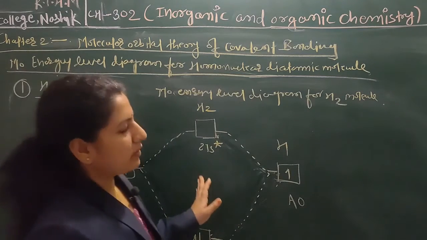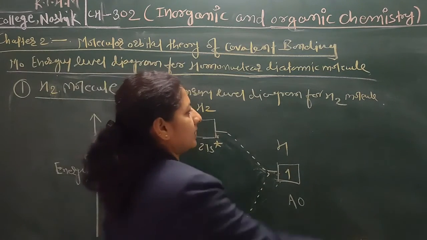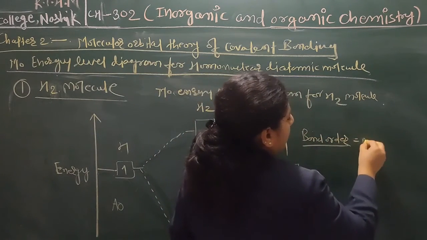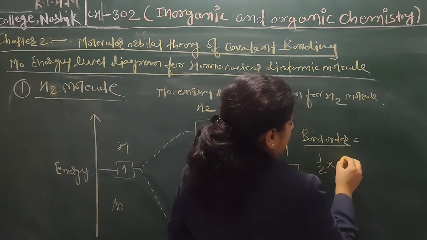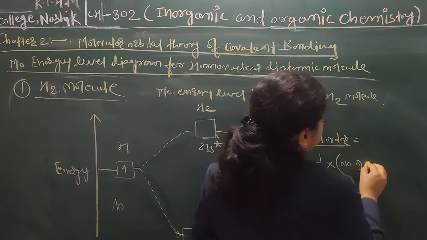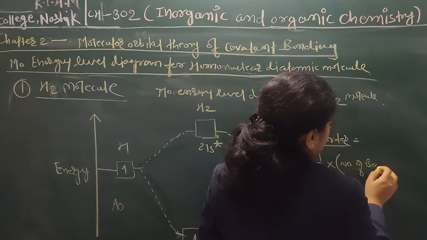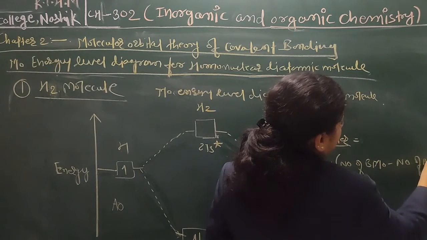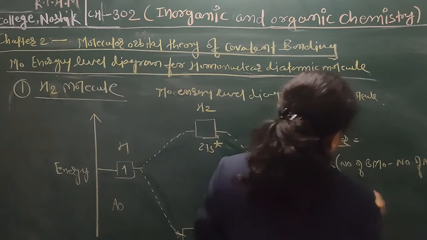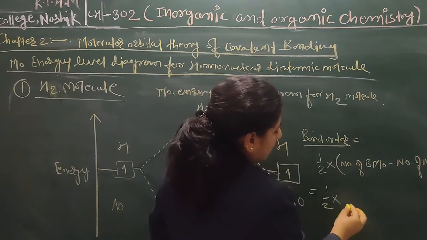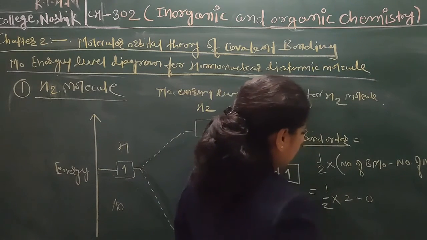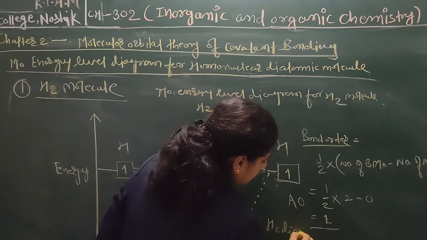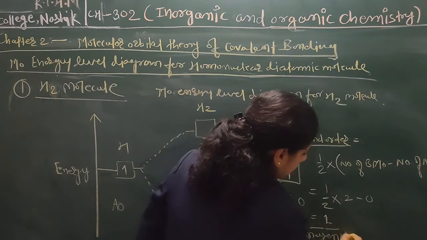So the energy is lowered during the formation of this H2 molecule, and we can calculate the bond order, that is half into the number of bonding molecular orbital electrons minus the number of antibonding molecular orbital electrons. So here the bond order is one. It is diamagnetic and stable.